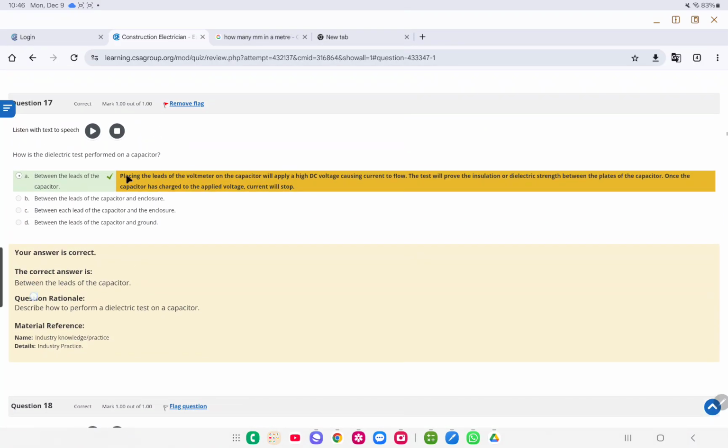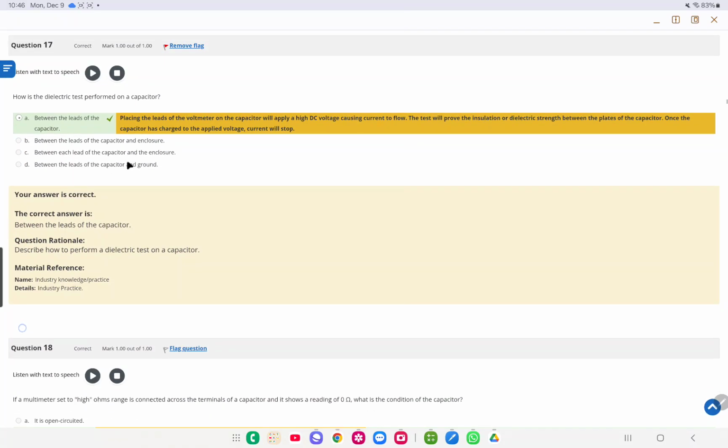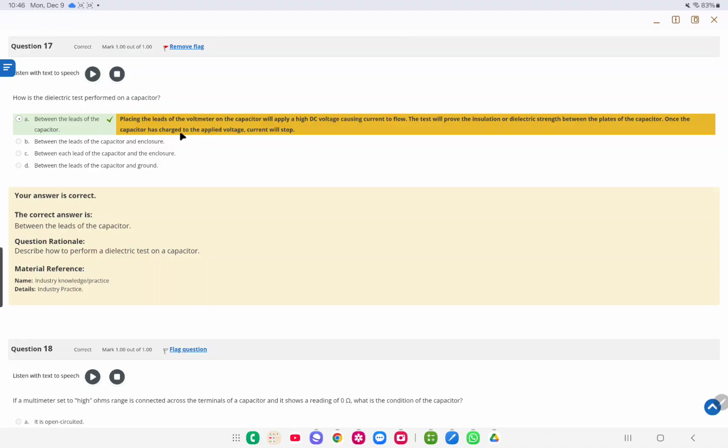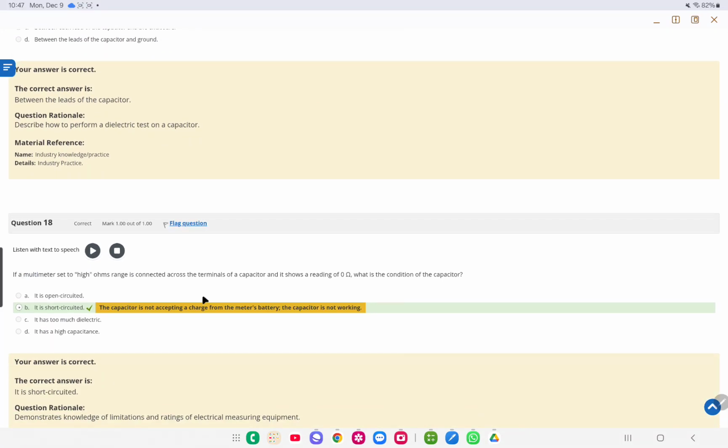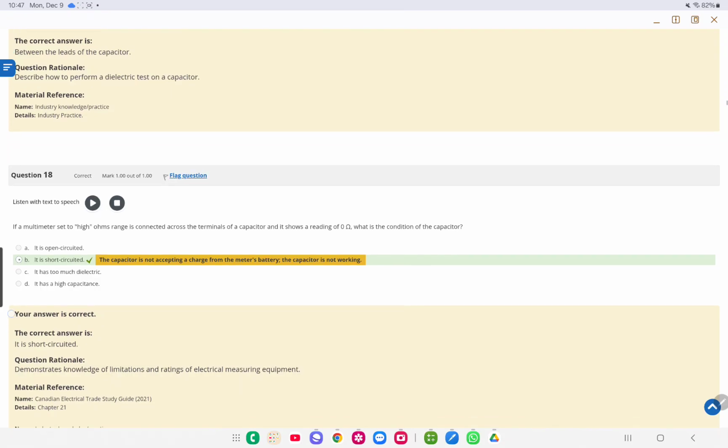So in the same breath, it's saying the test will prove the insulation or dielectric strength between the plates of the capacitor. So yeah, if you're getting 0, it seems that the capacitor is short-circuited and it's no good.